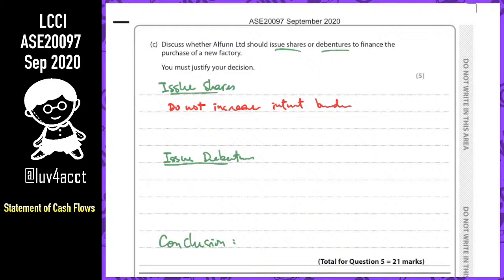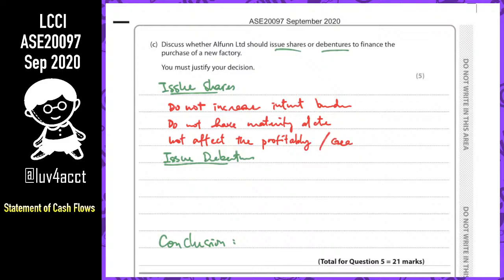That's the problem with debentures. Also, shares do not have a maturity date. It will also not affect the profitability ratios and also the gearing ratios.